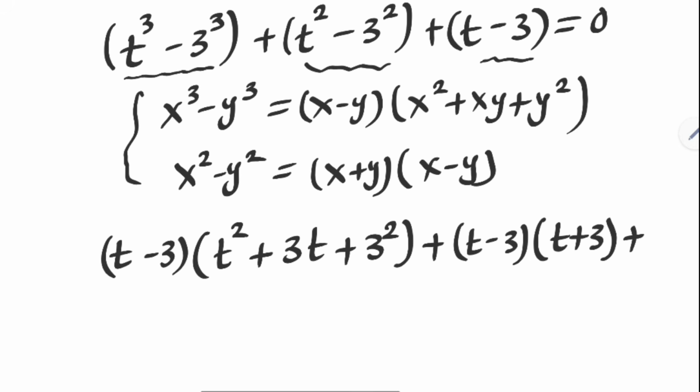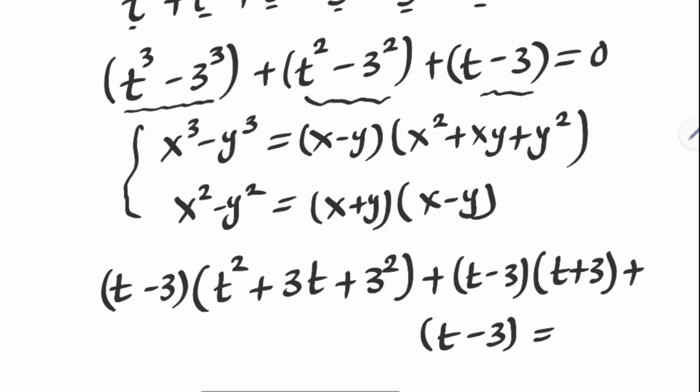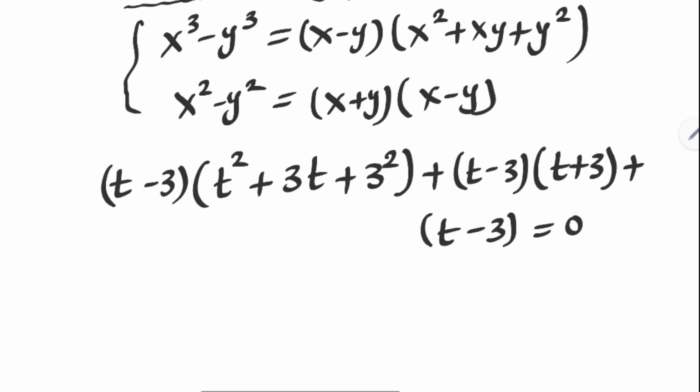this we have t minus 3 is equal to 0. Now here you can see that we have t minus 3 here, t minus 3 here, and t minus 3 here.